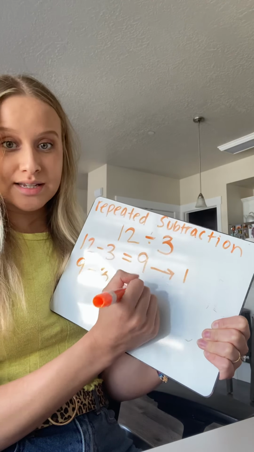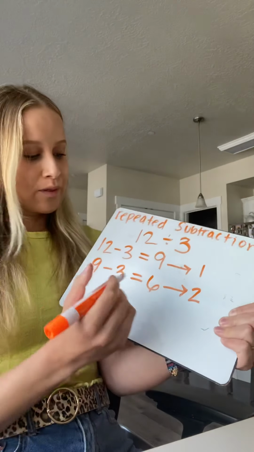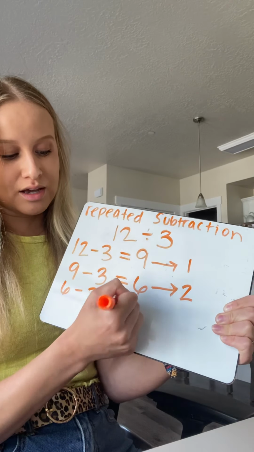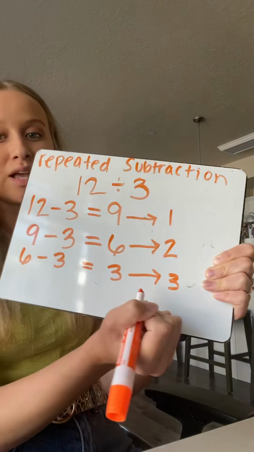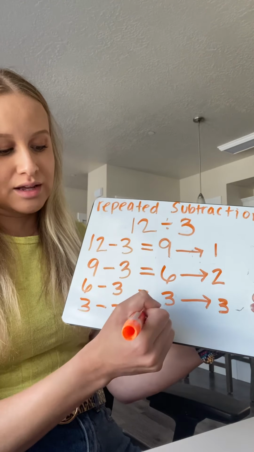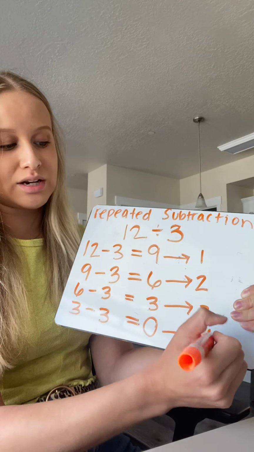That equals 6. I'm going to draw an arrow. That was the second time that we divided. I'm going to take 6 minus 3 equals 3. That was the third time we divided. And then I'm going to take 3 minus 3, and that equals 0. And that is the fourth time we divided.